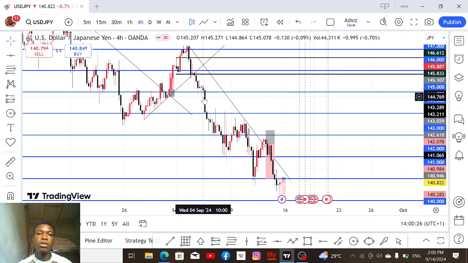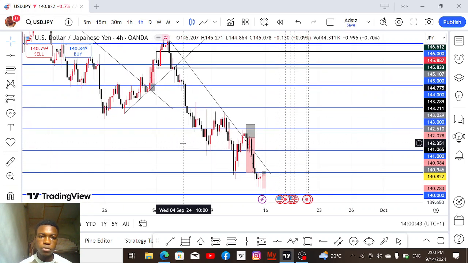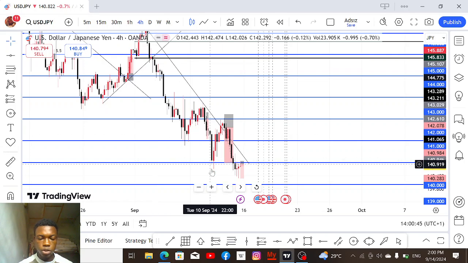That's how it will be going. So you have to go to your daily time frame, 4 hours, 1 hour, then to your execution time frame. That's how you do your analysis. Hope you get that, guys. That's what I'm actually looking at.